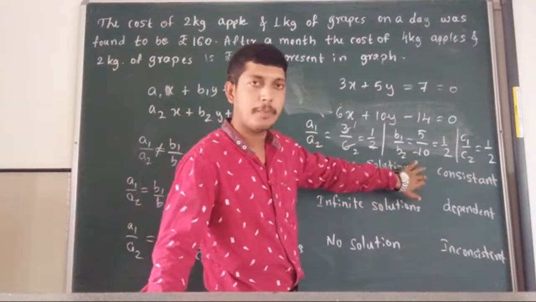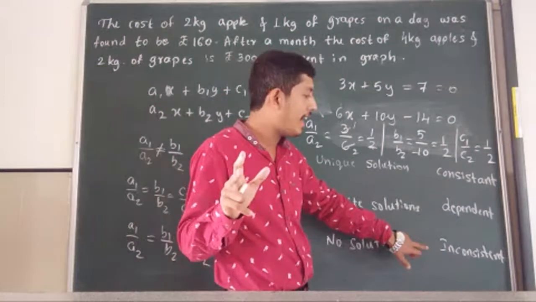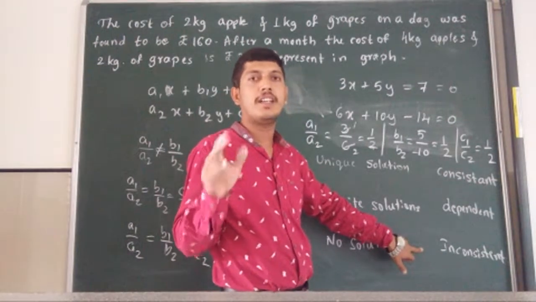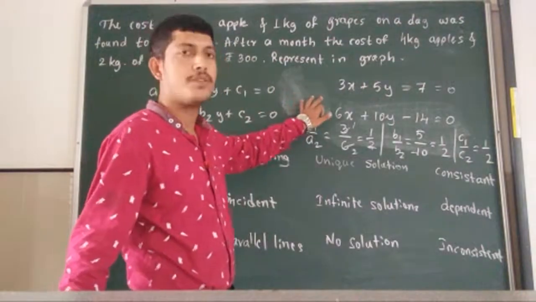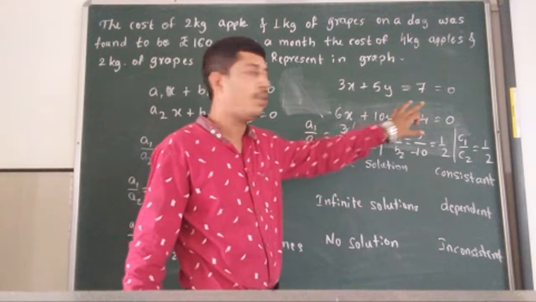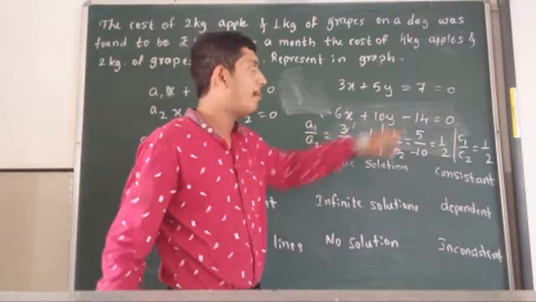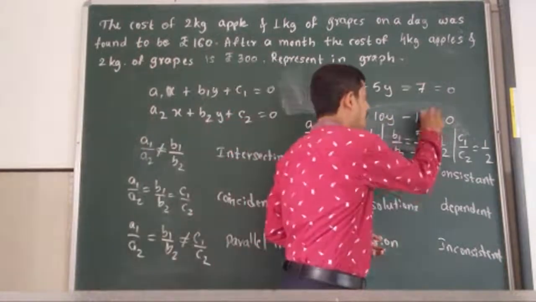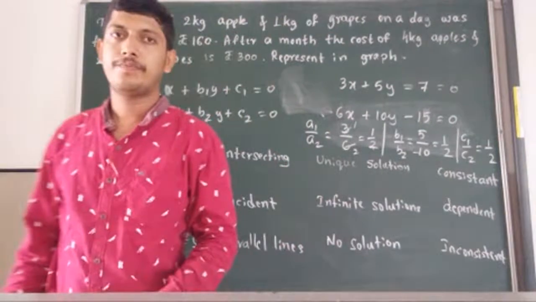I will consider the same equation. One is 3x plus 5y minus 7 equals 0, and the second equation I will consider as 6x plus 10y minus 15 equals 0.